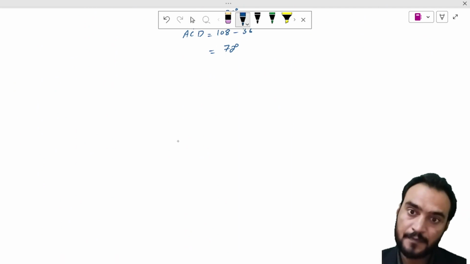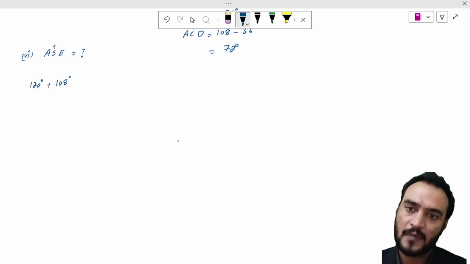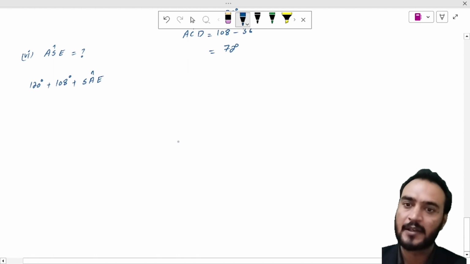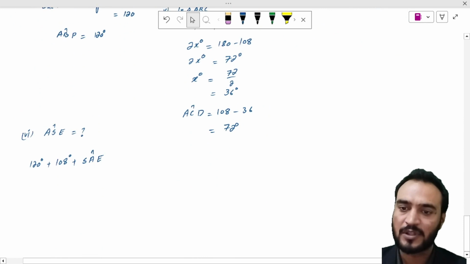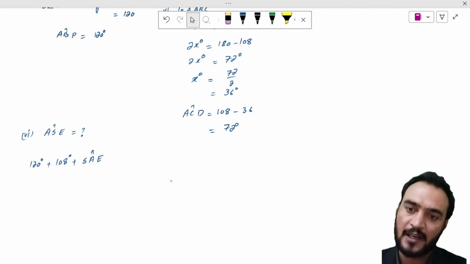Part 6, angle ASE is required, and the angles at point A, one is 120 degrees, the other is 108 degrees, and the angle SAE. The sum of these angles at point A is equal to 360 degrees, because these are the angles at a point.